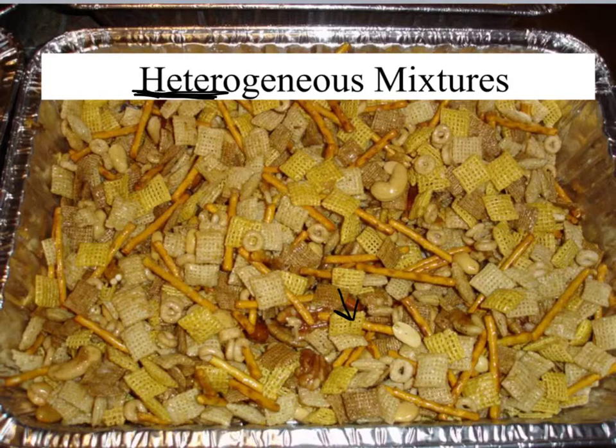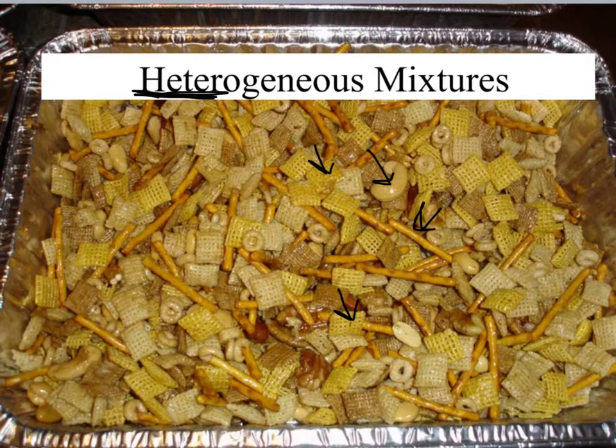But nevertheless, we can easily sort out what we like. We can pick out the parts. We don't need to use any chemical process whatsoever. We can just pick it out, and that's what a heterogeneous mixture is. We can pick out the different parts. Not only can we pick it out, but we can see that's a nut, that's a Chex, that's a pretzel. And so we can tell the different parts.